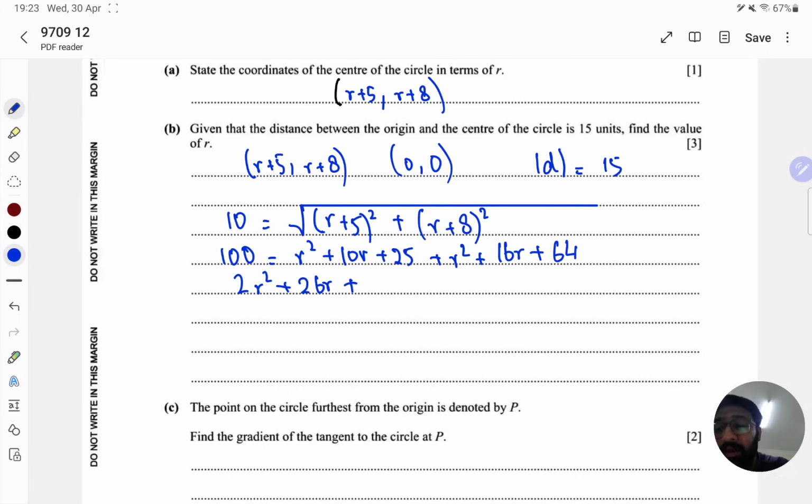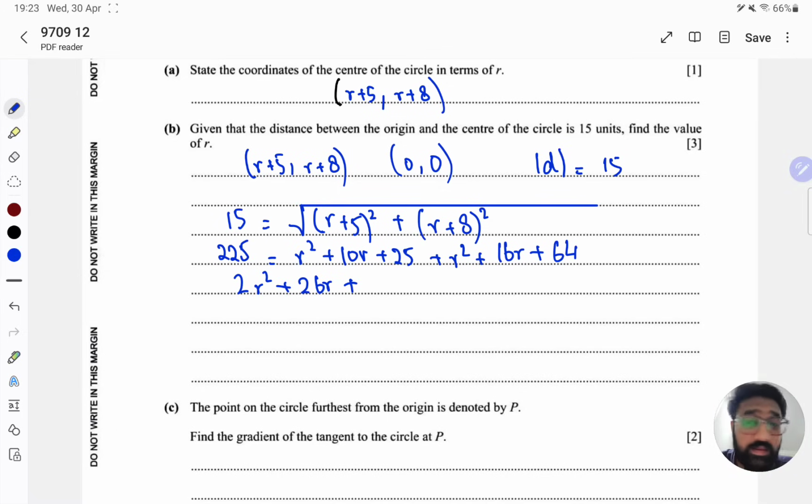The distance is 15 here, so it will be 225.